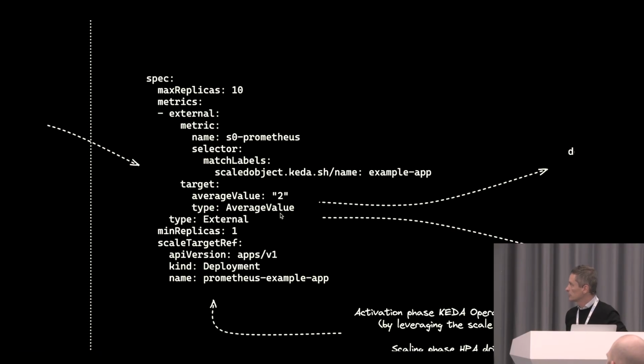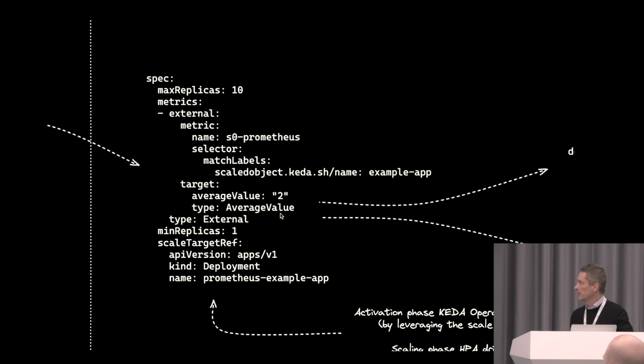It has a target with an average value of 2. In this case, I chose to use average value, meaning that the metric value that is seen by HPA will be divided by the number of pods. If that's not something which is wanted, it could be changed to value, and that will be used just as it is.